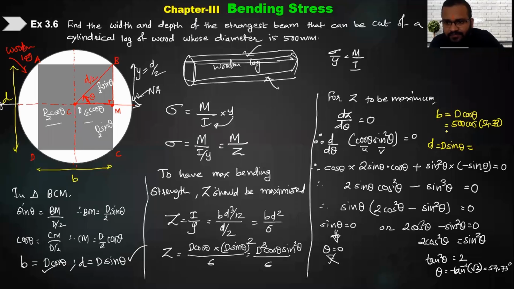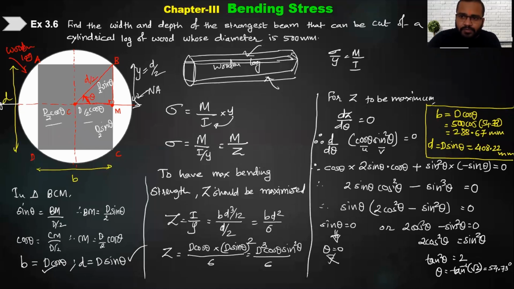Just give me the answers. b is 288.675 mm, and the other one is 408.22 mm. So did you understand how we did this problem? Every problem will not ask you to find stress and everything. The problems can vary according to the application required.